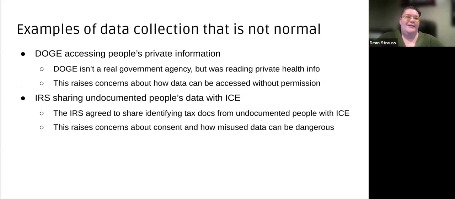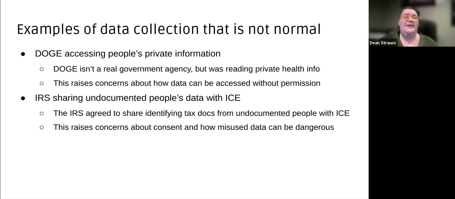So here are some examples we might have heard of recently of data collection that isn't normal. So the Department of Governmental Efficiency is accessing people's private information. A lot of us have heard about that. DOGE isn't a real government agency, even though we have that title, but they were reading private health information. This raises a concern about how data can be accessed without permission, and it makes people worry about what's happening with their data and what it can be used for.